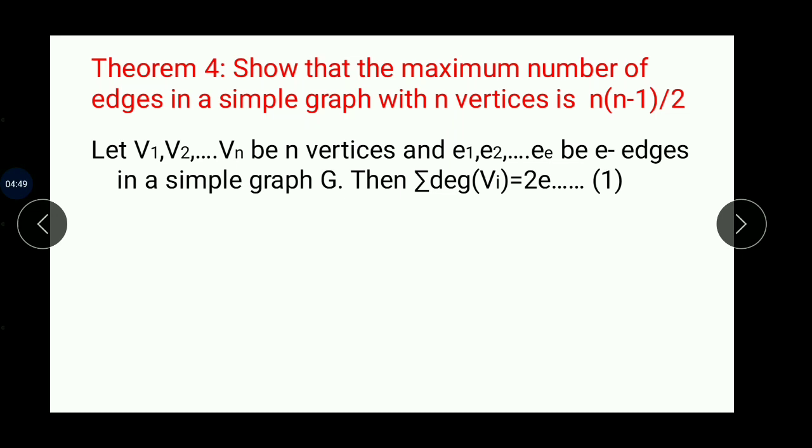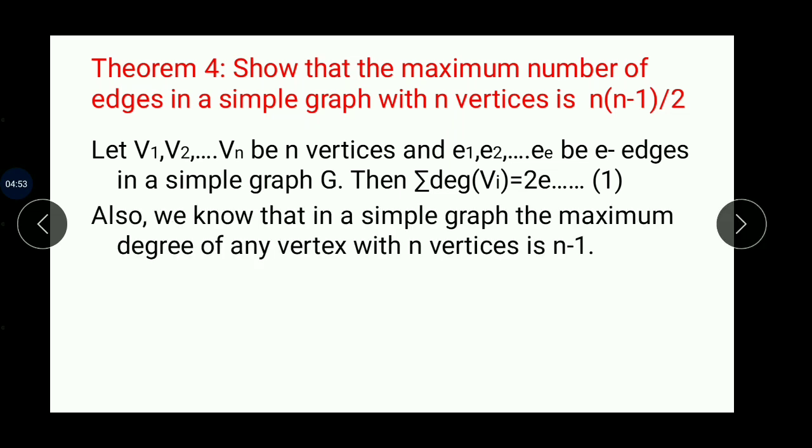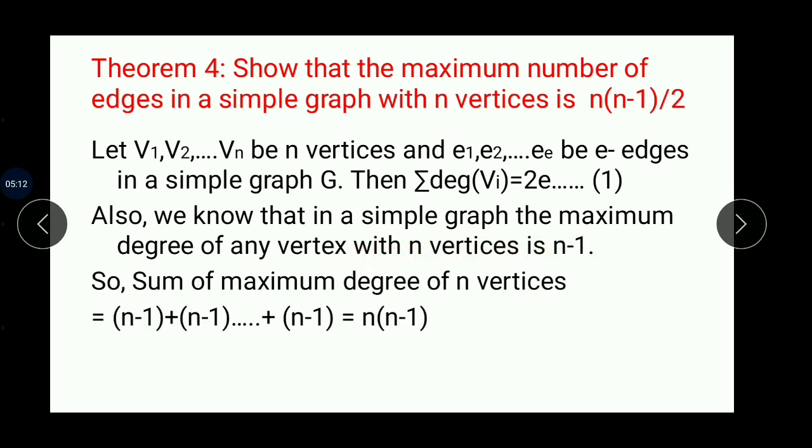Then by the first theorem we know the sum of degree of vi is equal to 2 times E. Also we know from the third theorem that in any simple graph the maximum degree of any vertex with n vertices is n minus 1 only. So the maximum degrees are n minus 1, n minus 1, up to n minus 1. These are the n terms.